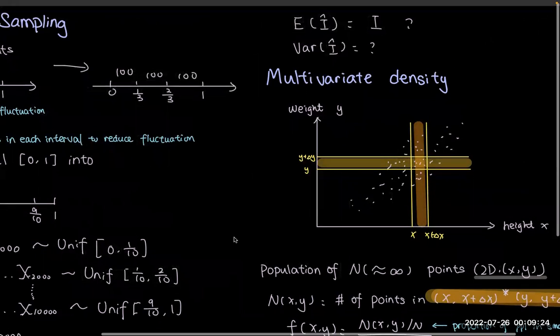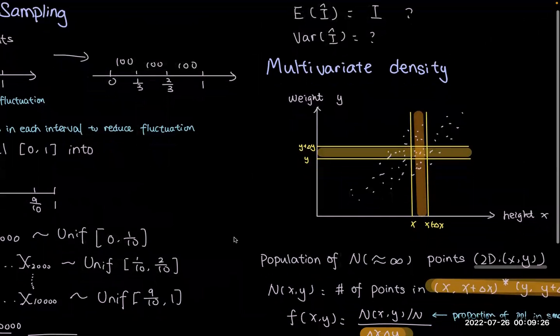So we start from the multivariate density. For example, we have a population, and in this population, we let x be the height and y be the weight, so that each person becomes a point according to their height and weight. And then we plot 300 million points. We have a point cloud.